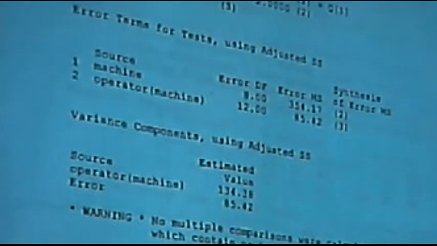Then there's this warning. No multiple comparisons were calculated for the following terms which contain or interact with random factors, machine. You remember in the commands I had asked for, what was it again? Bonferroni, pairwise, confidence intervals, basically, on the variable machine.